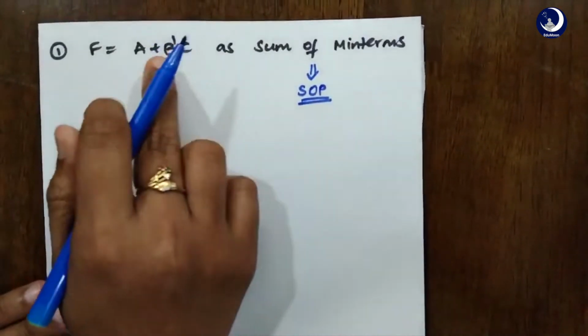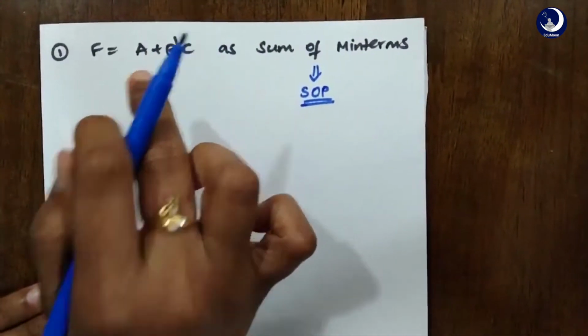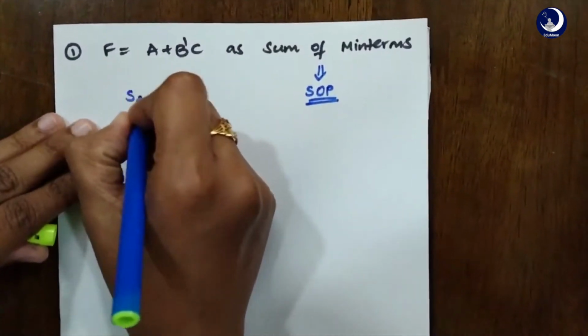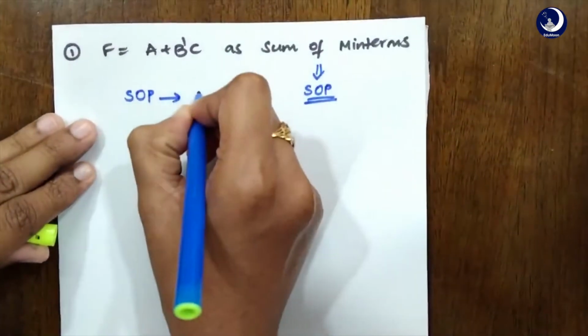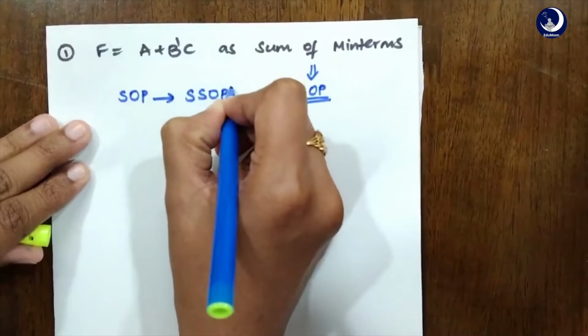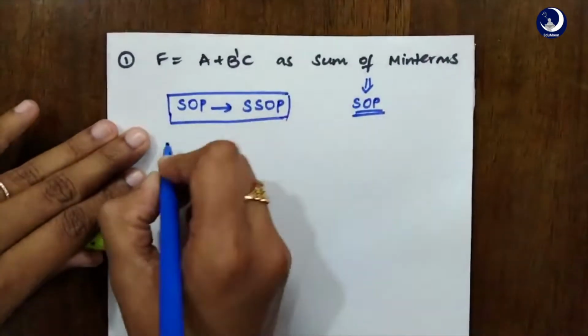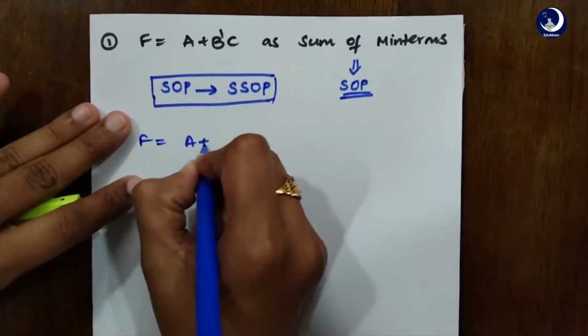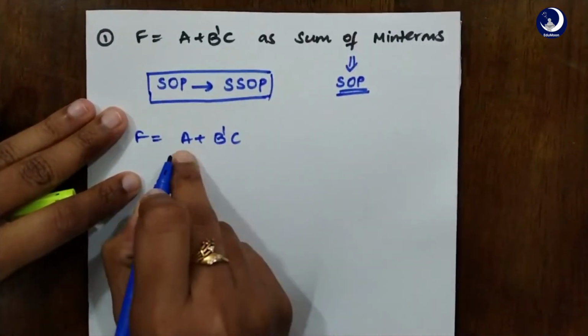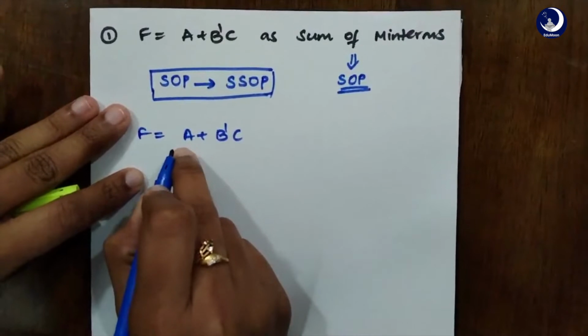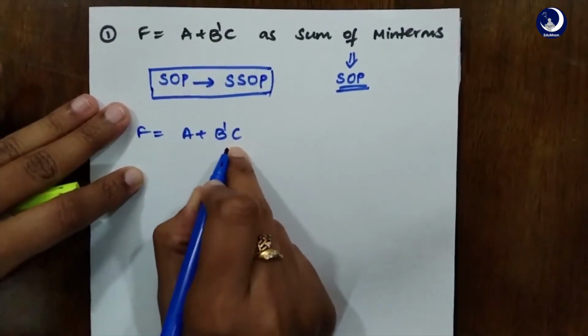At first, we need to convert this given SOP into standard SOP. For that we have already seen the rules. So now the function here is A plus B bar C. In the first term we are missing B and C, and in this term we are missing A.